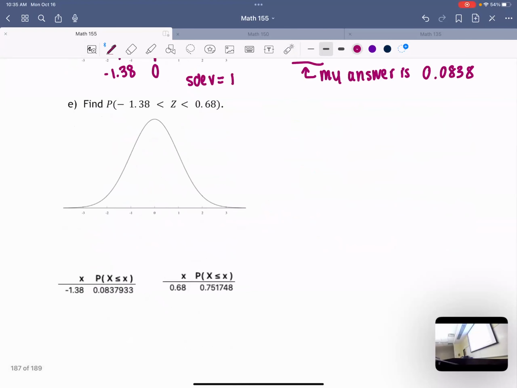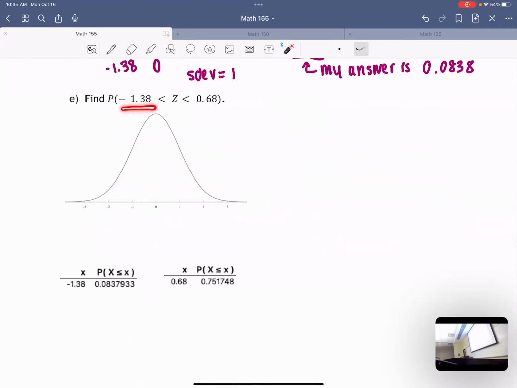All right, let's go to part E. Now this question is going to be a little bit different, right? This time I want to find the probability of between negative 1.38 and positive 0.68, okay? Now here's where it gets a little bit more complicated, because we're not just doing a less than probability, right? Before I go about doing this, let's just try to draw what we're doing here. Since this is a z-score, my mean is still 0, right?